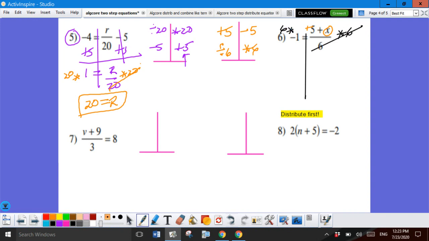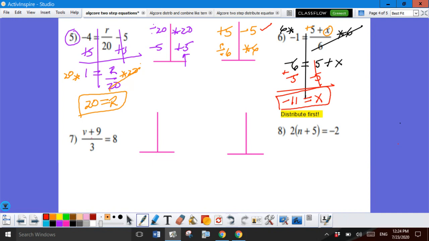So this goes away. 6 times negative 1 is negative 6. And I'm left with 5 plus X. Next step, minus 5. Minus 5, minus 5, cross out. Drop the X. Negative 6 minus 5 is negative 11. And I can think about that as plus. So negative 6 plus negative 5 is negative 11.